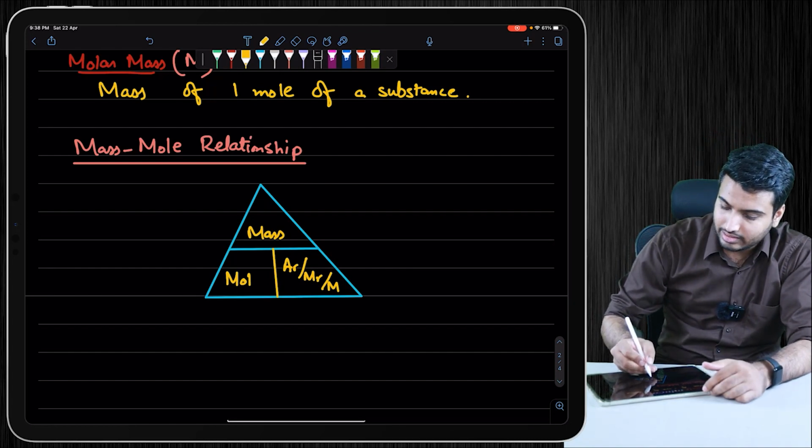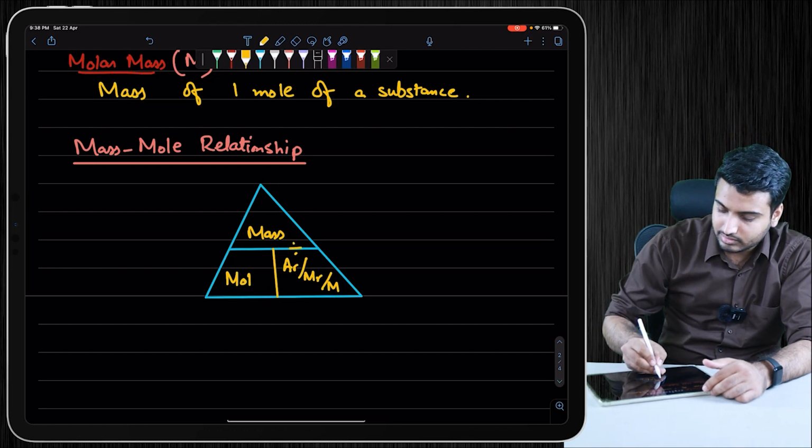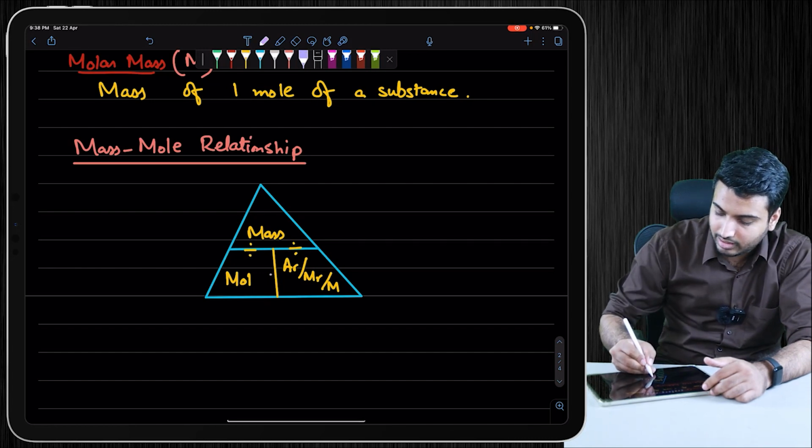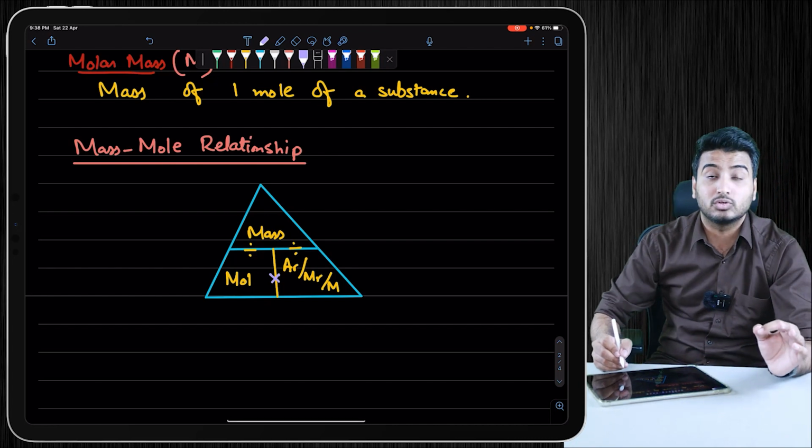Alright, so basically if we need to find moles, this line over here represents division, and whatever the quantities are in front of each other, we simply multiply those quantities.